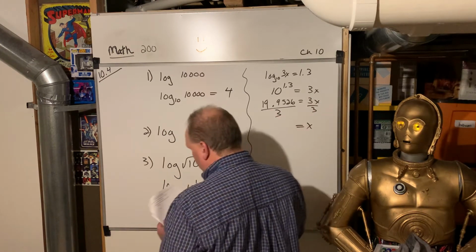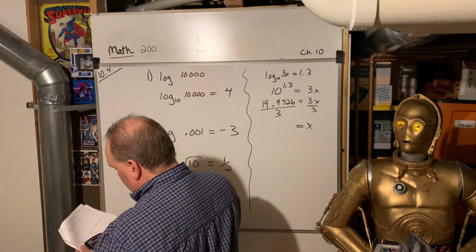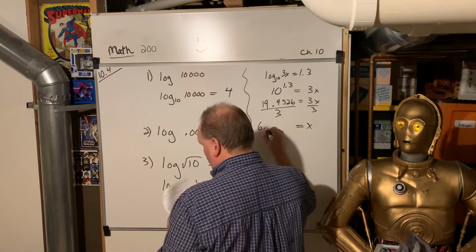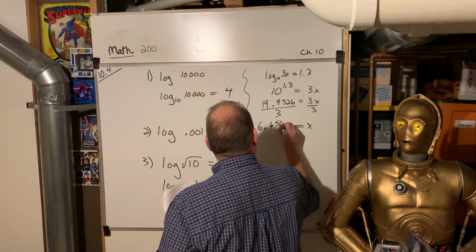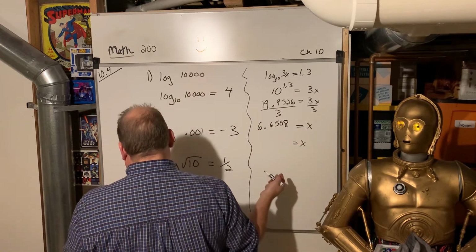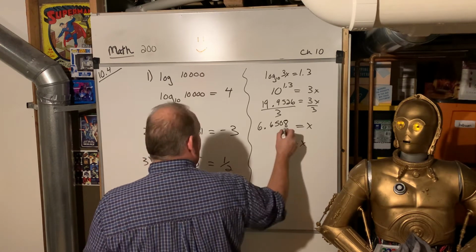Dang, that's another mistake because I didn't divide by 3. I just left it x. So divided by 3 is 6.6508, and that will round, to 4 decimal places, to 6.6509.